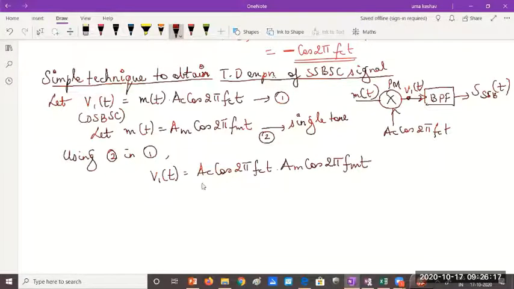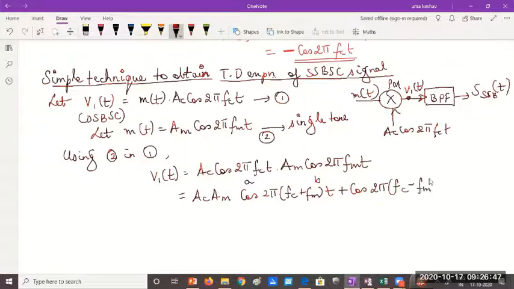It's just a product. So if I take this AC AM outside, this is in the form cos A into cos B, right? What would you get? Cos of A plus B, FC plus FM into T, plus cos of A minus B, correct?